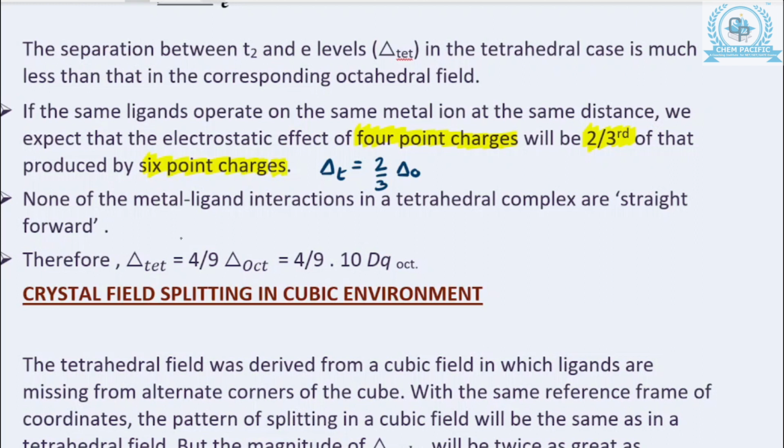At the same time, since I already informed that in this case none of the metal ligand interactions in the tetrahedral complexes are straightforward, because of this the attraction decreases further and as a result of which the delta T, the crystal field stabilization, again decreases by 2/3 amount. Overall how much did it become? Overall you saw that the tetrahedral is 2/3 into 2/3, which is 4/9 of octahedral, that is nearly half of the octahedral.